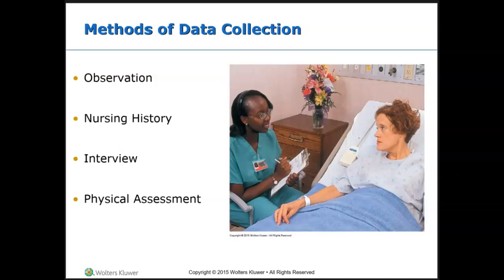We need to include their health habits, diet, cultural considerations, religious considerations, their current state of functioning. Are they having any pain? What is their past medical history? What is their past surgical history? Do they have any allergies to meds, foods, or dyes, or latex? What's their current medication list? Are they using any over-the-counter herbal supplements or vitamins and those kinds of things?